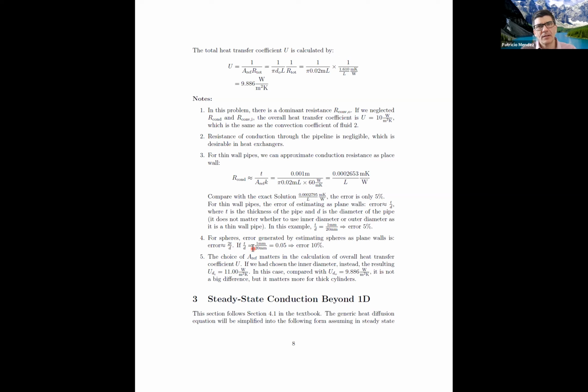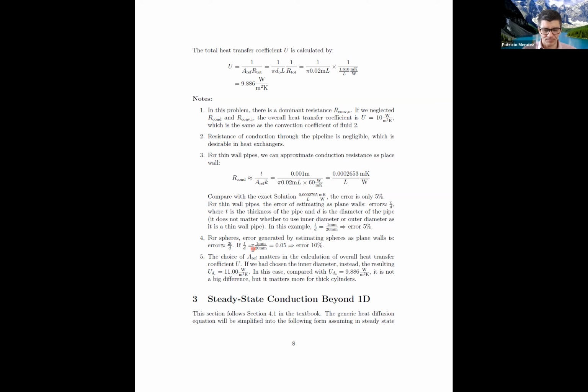If instead we said the sphere is so thin that we can assume that each point of the sphere behaves just as a plain wall, then the error would be 2 times thickness, 2 millimeters, divided by diameter, 20 millimeters. That would be an error of 10%.